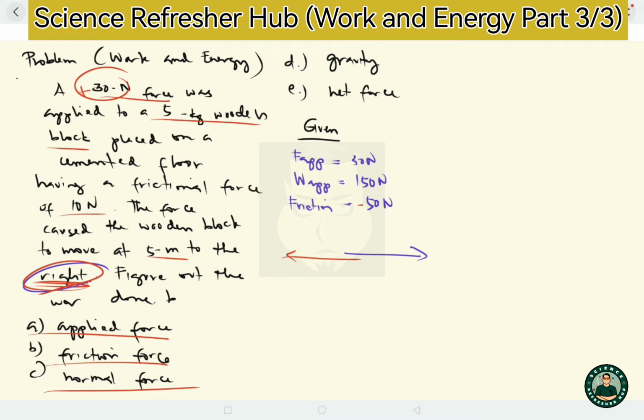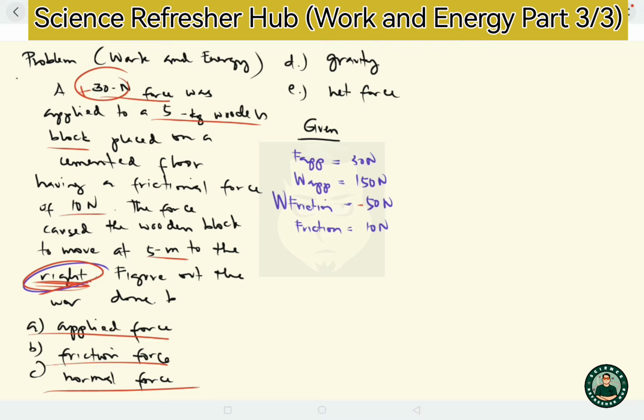Different direction, so the answer will be negative work. All right, this is the work done by friction, and the value of our friction, my apology, is just 10 Newton.